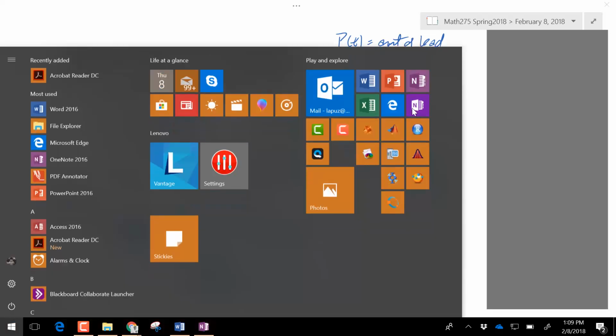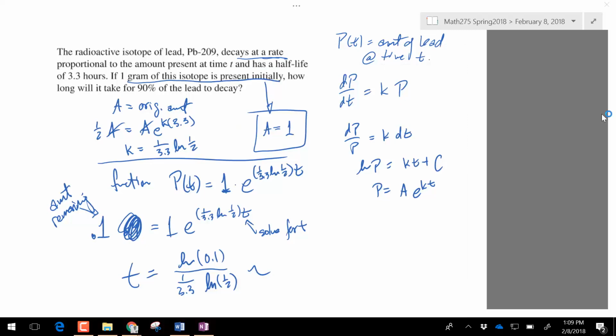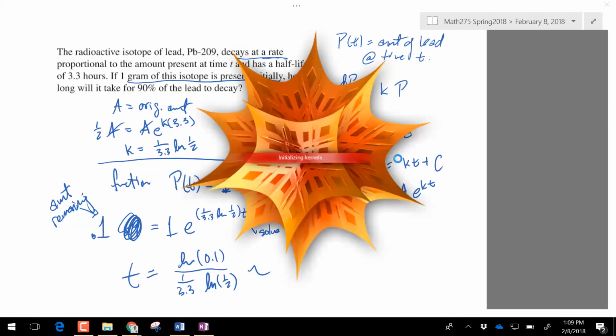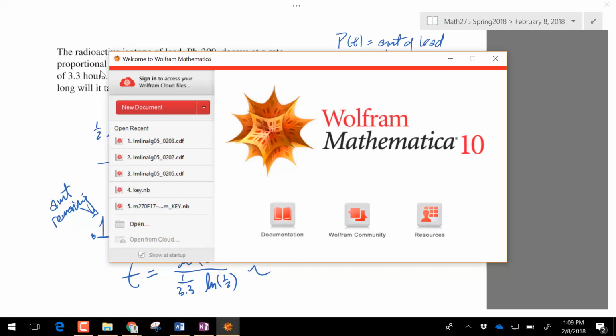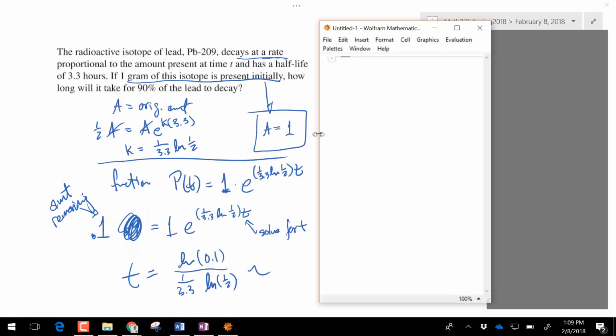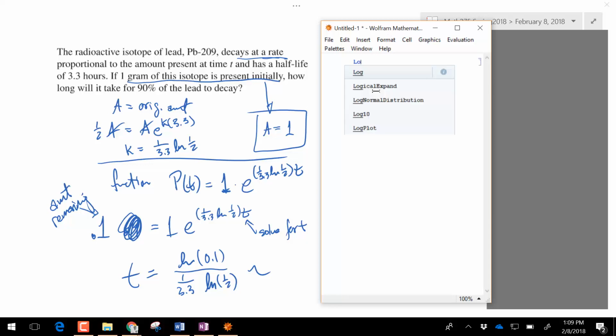Anybody want to punch this in the calculator? Should I use Mathematica to solve for this? That's probably a little too much, huh? Let's see, log 0.1.